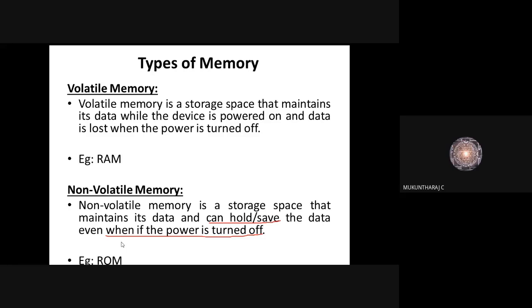So RAM can maintain data when it is powered on; if the power is shut off, the data stored in that memory can be lost. This kind of memory is called volatile memory. Then ROM is the non-volatile memory. ROM, read-only memory, can hold the data even though the power is turned off, right?